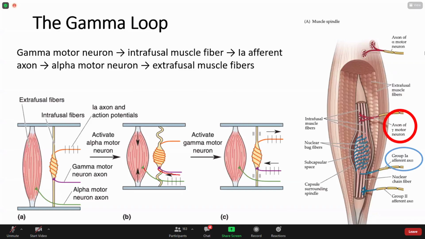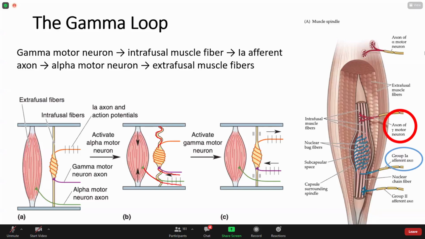So this is the alpha motor neuron, which is active. This is why the muscle is being contracted, okay? Now, what you can see is that the intrafusal fibers are slack, okay, loose.